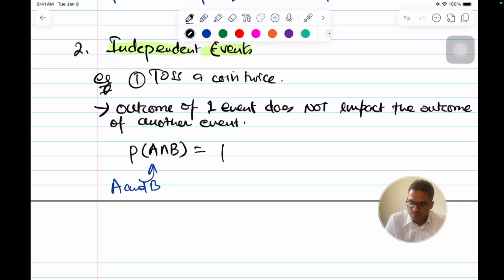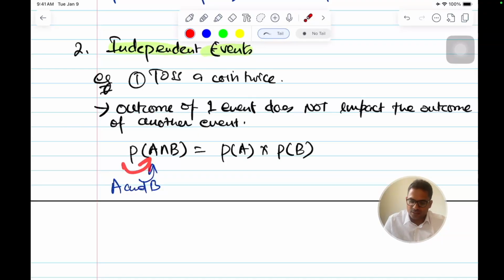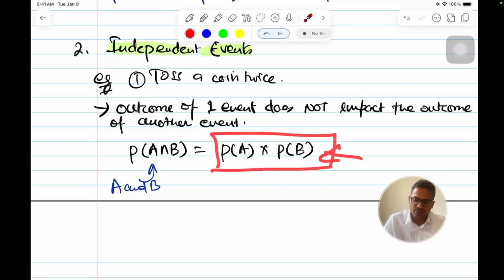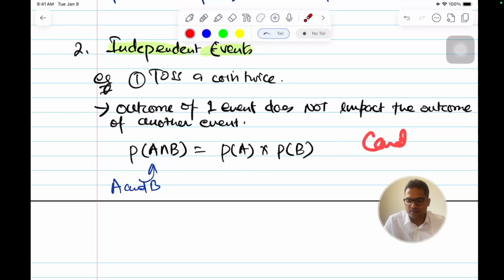Because both are independent, this is given by the probability of A times the probability of B. Because these two are independent, there is no relation between A and B, so there's no impact. I'll give you more information about this when we discuss conditional probability next, and that will make it more clear. I'll revisit this and maybe explain it again. But this is what independent events are.